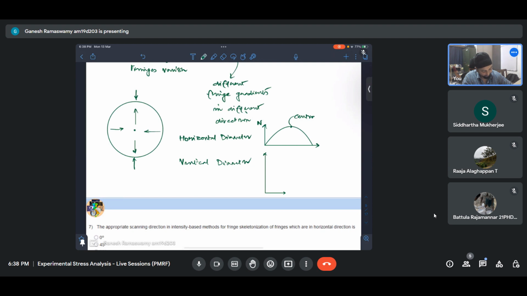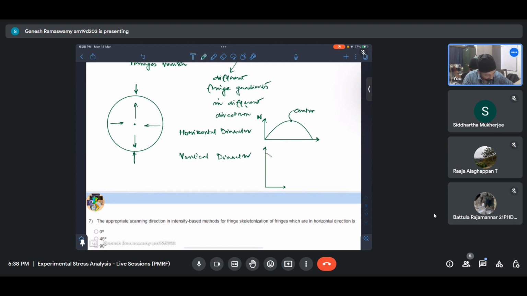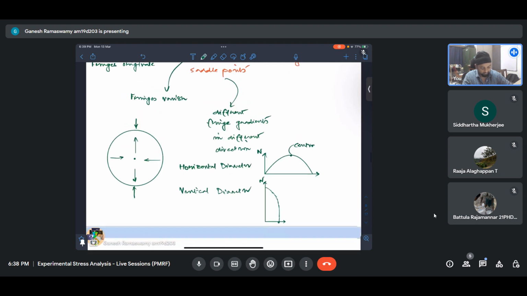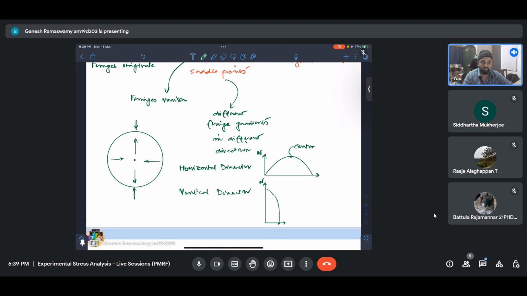I'll draw it symmetrically, till this point. This value and this value are the same at that point. So the gradient basically changes. As I go towards the top point, my fringe order increases. So this has different fringe gradients in different directions. When we load it, we see two sets of fringes come, intersect, and then move away from each other in the other direction. That is what characterizes a saddle point.